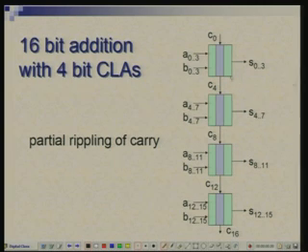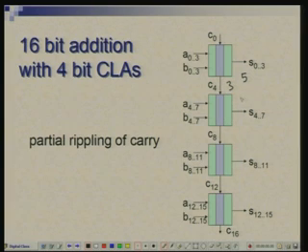Let me write the time when things will come out at different points. This comes at 5D, I will omit D, this is coming out in time 3, and from this 3 to this output it will take another 2. The carries which are coming out in this will be 3 plus 2, 5.